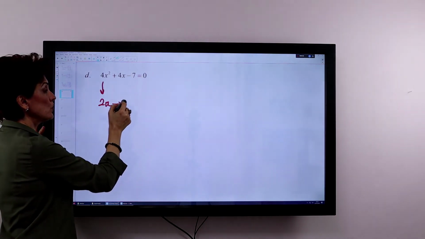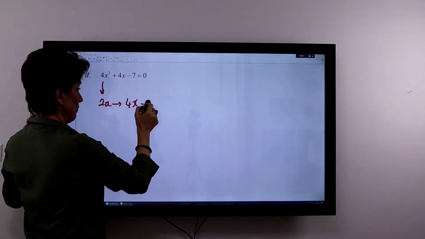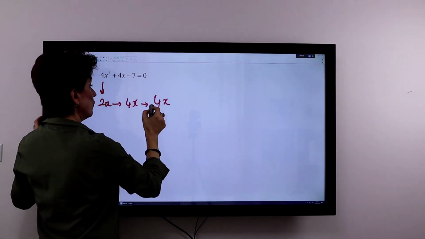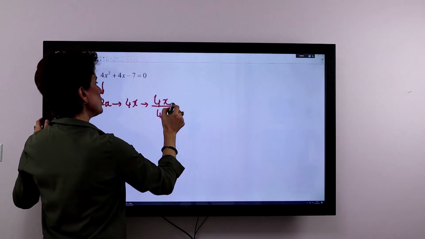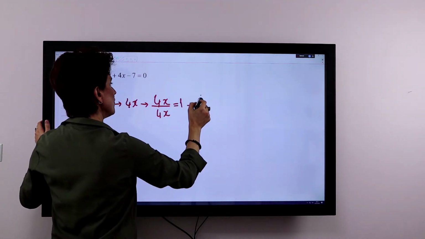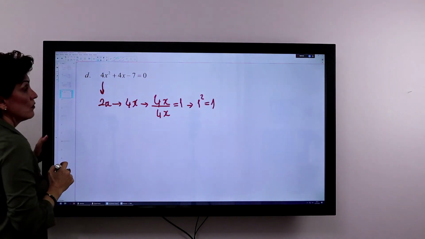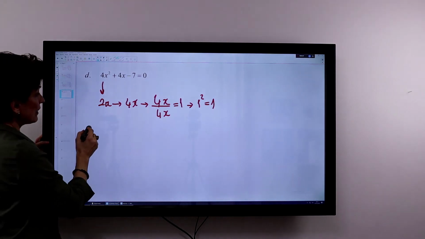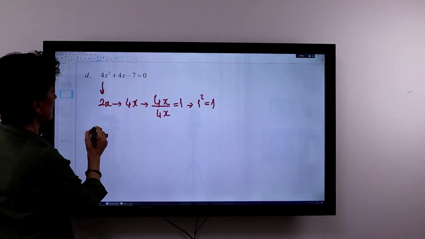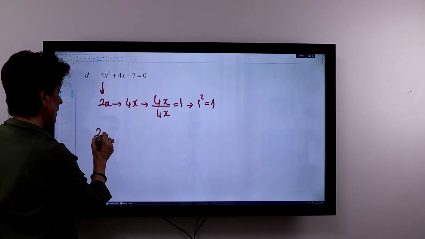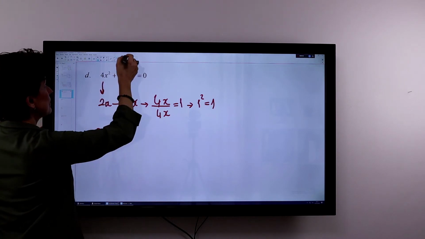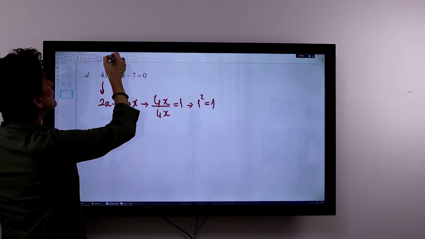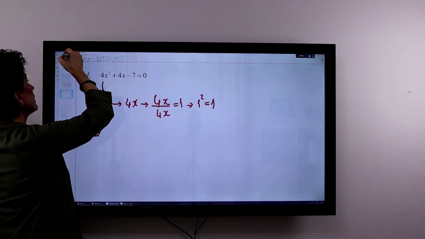If I multiply 2 by 2x and divide the middle term by 4x, which is 1, we need to have 1 squared, which is 1. We don't have it, for this reason, I am adding and subtracting at the same time.